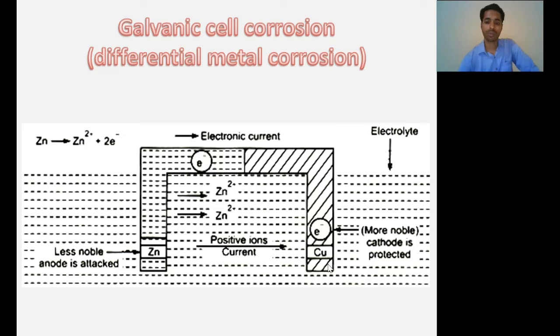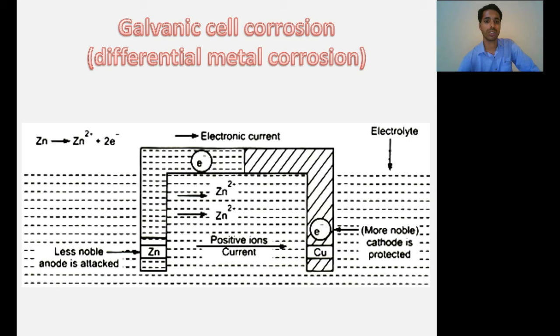So reduction of the impurities present in the surrounding environment will take place, and as we learned in the mechanisms, it totally depends upon the pH of the electrolyte. In acidic conditions, an evolution of hydrogen type of reaction may take place.